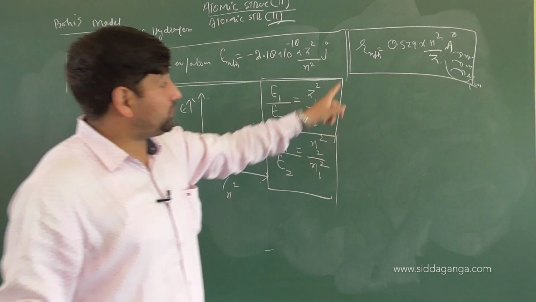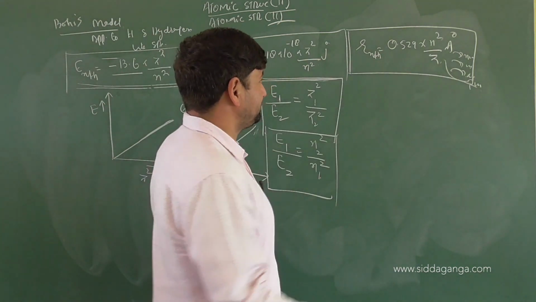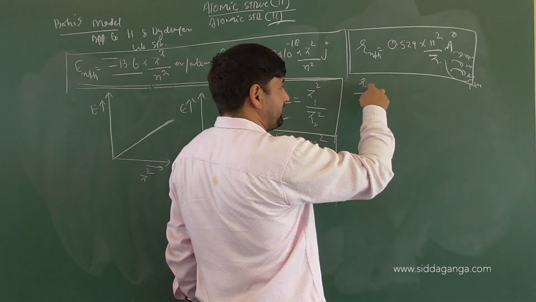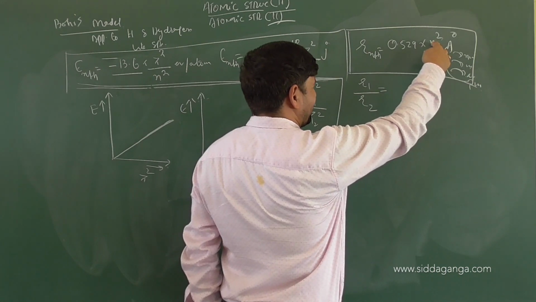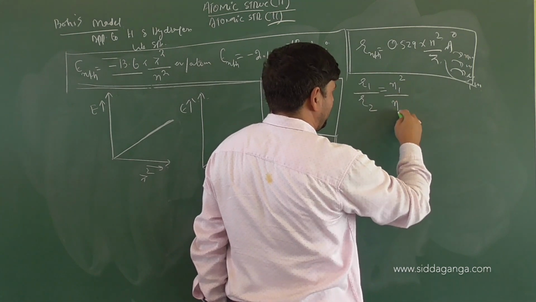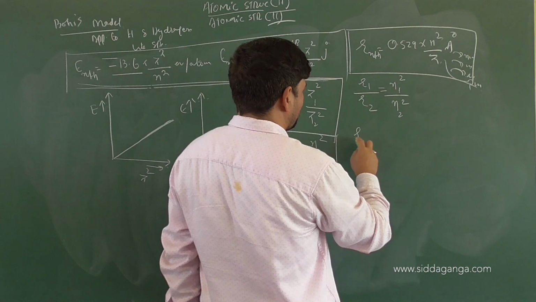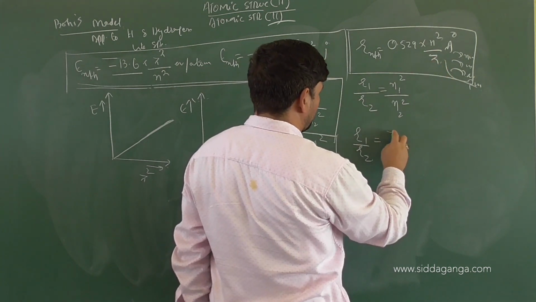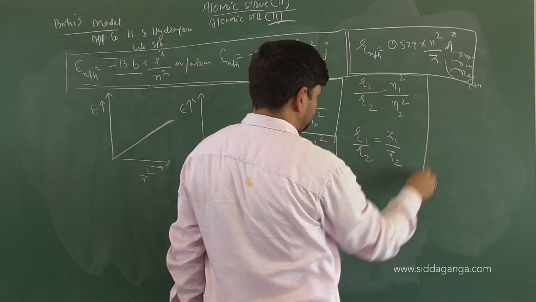And if you want to do it for the radius itself, then R1 by R2, radius of first shell to that of second shell, is directly proportional to n square, correct or not? So, equating the term, it will be n1 square by n2 square, and calculating with respect to Z, R1 by R2, because this is inversely proportional, will be equal to Z2 by Z1. There is no square value used here.